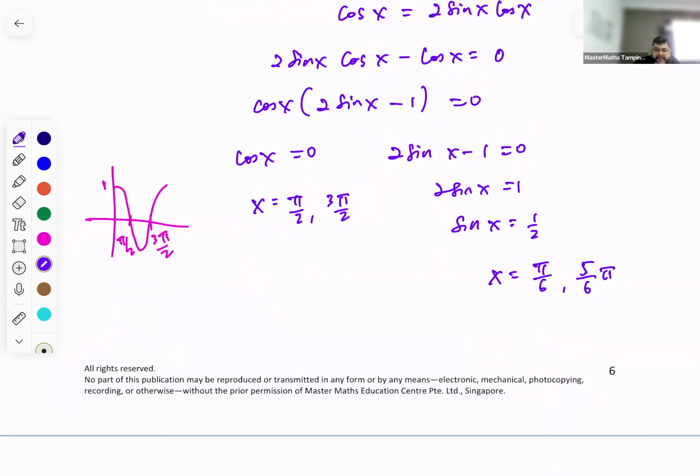Therefore, my answer is x equal to pi over 6, which is 30, pi over 2, which is 90. And then I have 5 pi over 6. I cannot take this one. Not in the range. Understood? That's it.